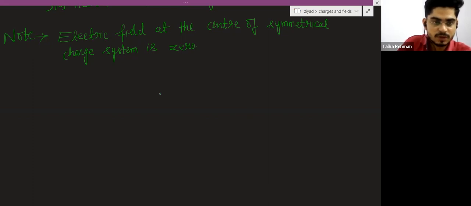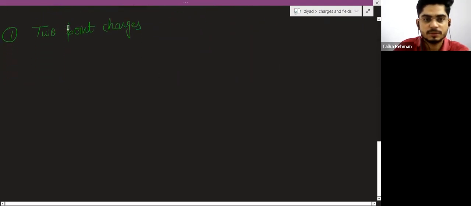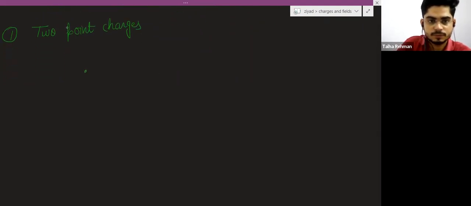Suppose number one, you are having 2 point charges. Suppose here a plus q charge is placed, and here also a plus q charge is placed. So this is a symmetrical system.